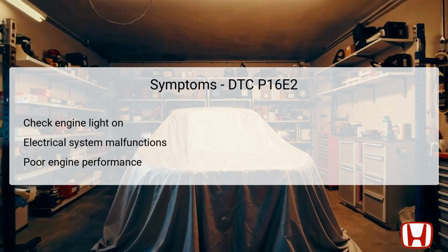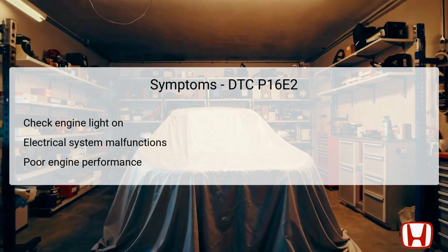When DTC P16E2 is present, several symptoms may manifest, indicating underlying issues within the vehicle's electrical system. The most immediate symptom is usually the illumination of the check engine light on the dashboard, alerting the driver to potential problems.